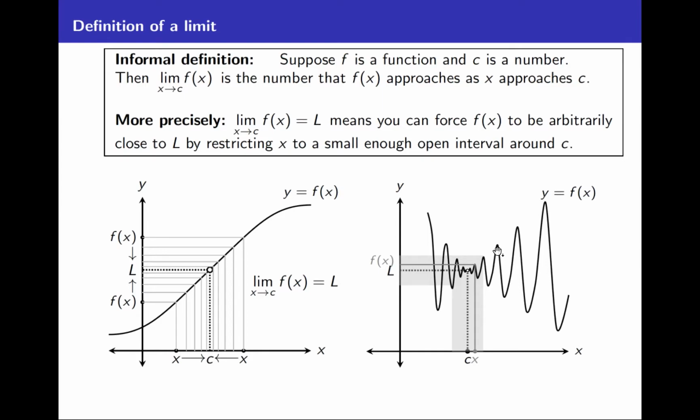In this case, notice that as x gets closer and closer to c, f of x is below L, then it goes above L, then below L, above L, below L, above L. It's oscillating back and forth above and below L. So it's not strictly getting closer and closer to L. Sometimes it's going away from L or moving towards L, going away, and so on. But in the long run, as x gets closer and closer to c, your f of x values are zeroing in to L.